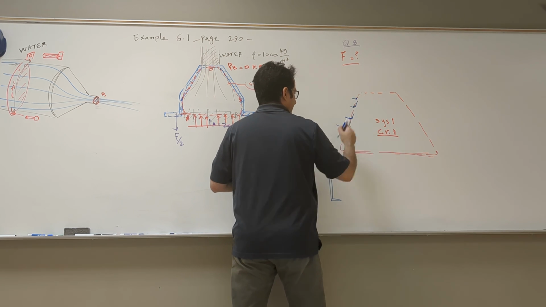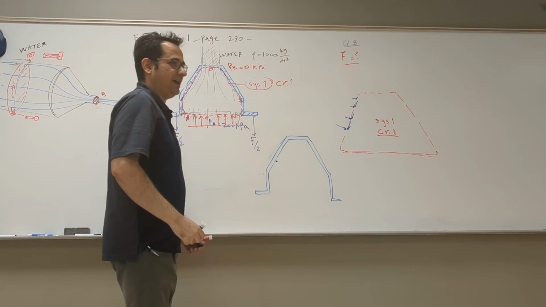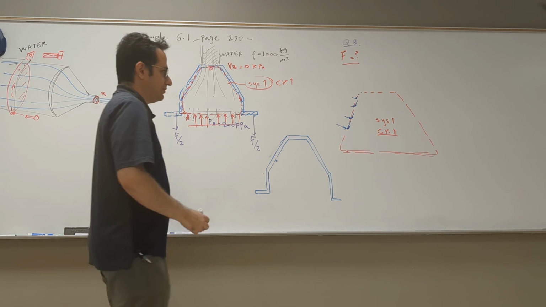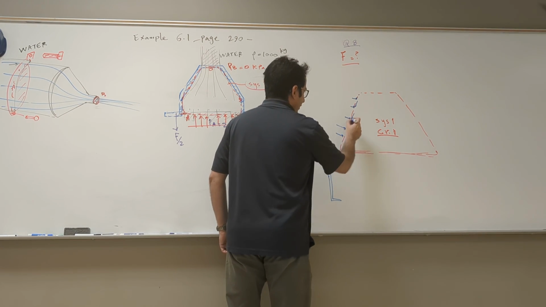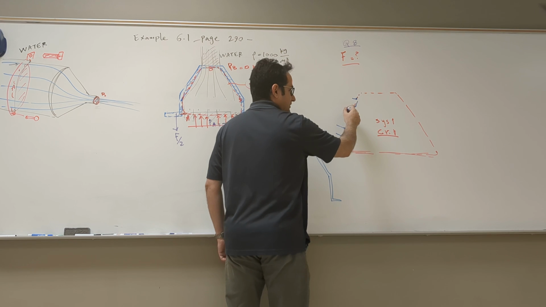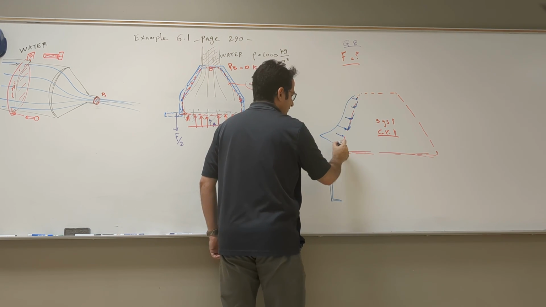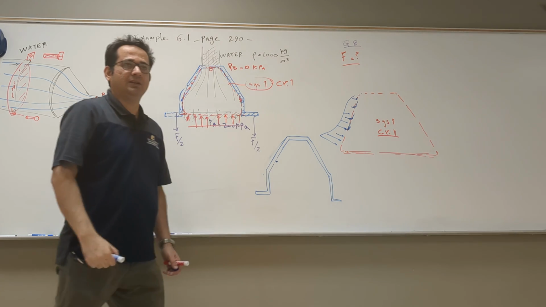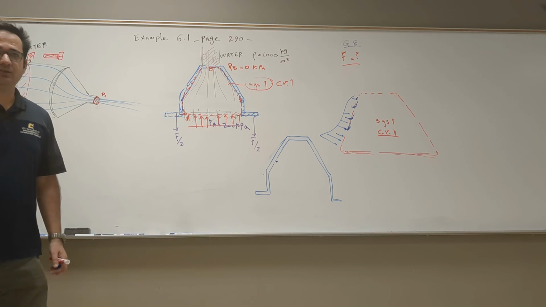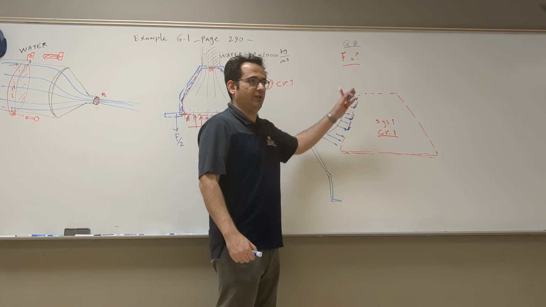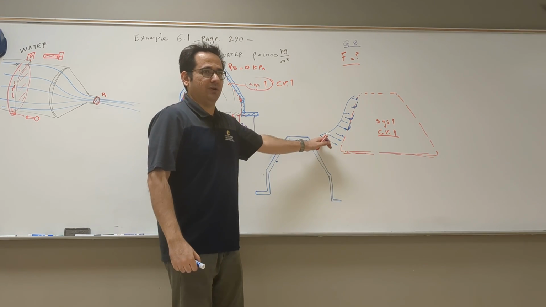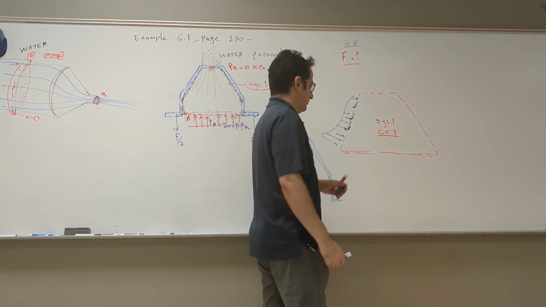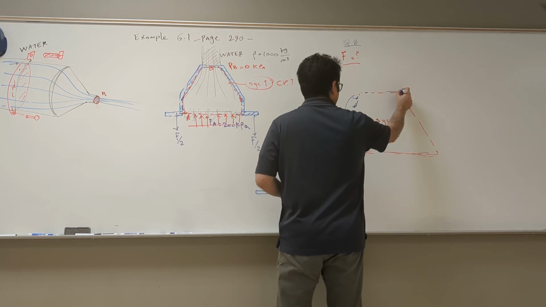If you really want to include that on your FBD, which you should, you're going to have an infinite number of forces. In real life you have a distributed load like this, and also for the viscosity. You cannot quantify that unless you solve it, because it's unknown.